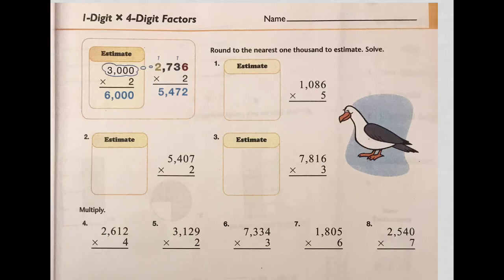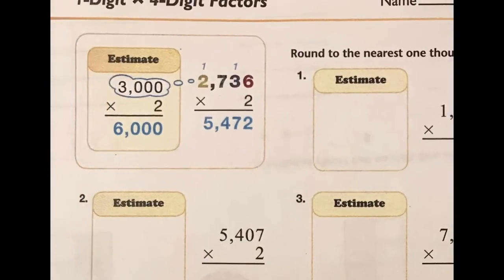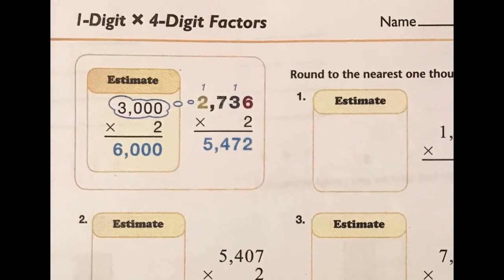All right, so first thing we're going to do is look at our example right here. We have 2,736. Well, what we're going to do is round to the greatest value because when we estimate, it's easier if we only have one digit to multiply and then we turn everything else into a 0.